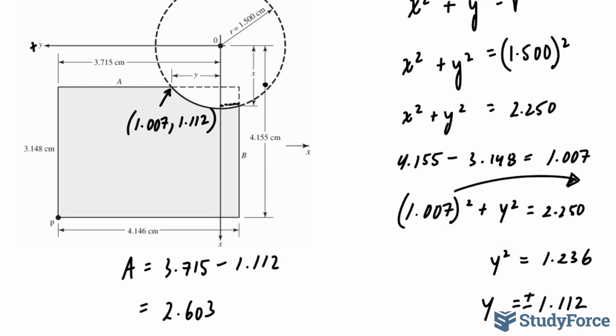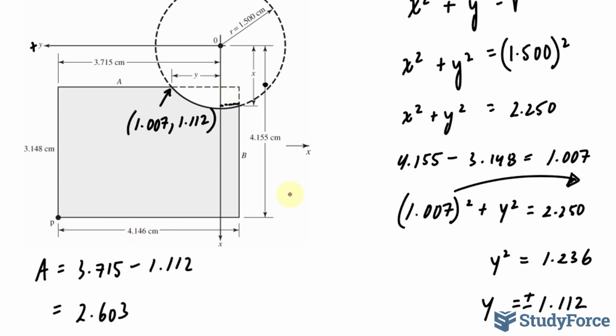In fact, the first step to finding out B is to subtract 4.146, the dimension from this edge to this edge, with 3.715, which is the distance from here to here. And that will give us this part, which we can then use to find our x.